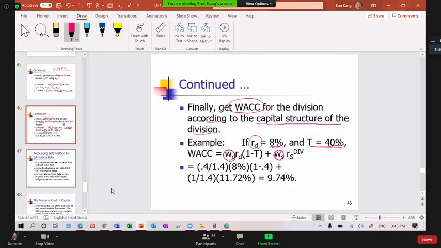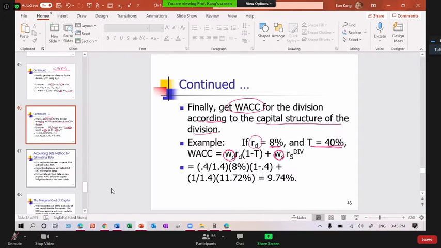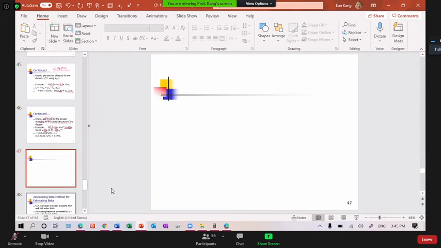And I mentioned this once, but to make sure, how to get from D over E to D over total asset, right? Because D over E is the D ratio. D over total asset is the debt ratio.